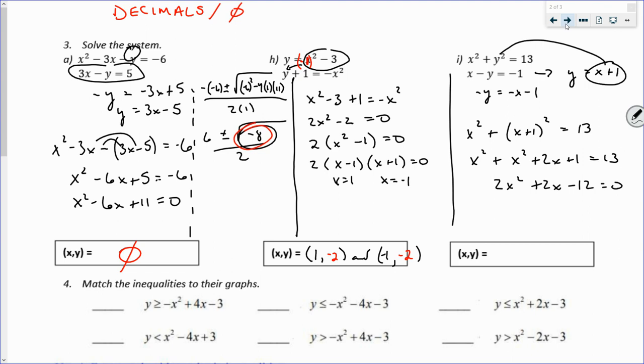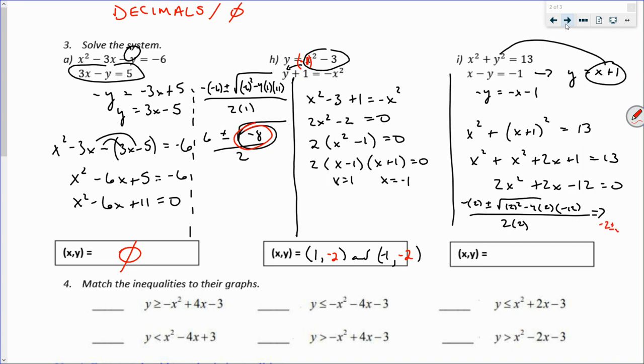Looks like I'm doing the quadratic formula on this bad boy, so negative b plus or minus the square root of b squared minus 4ac, all over 2a. Change color because we're running out of room.